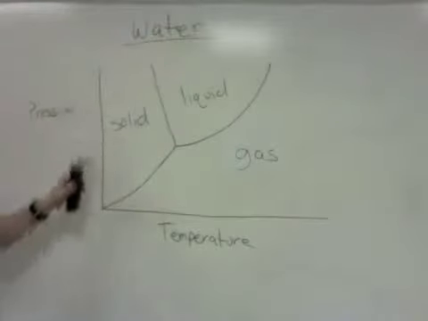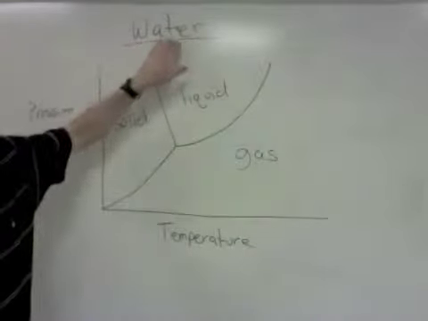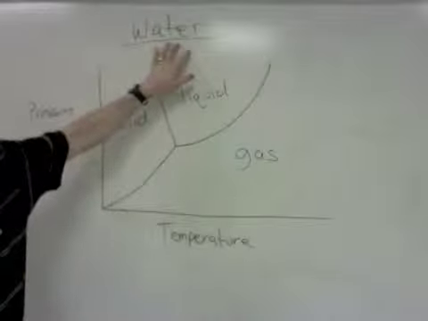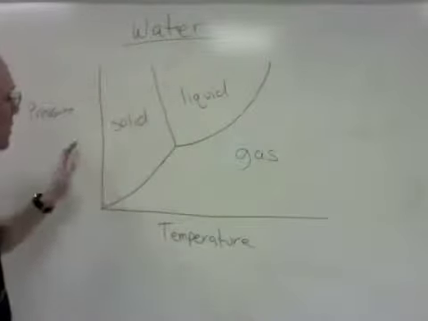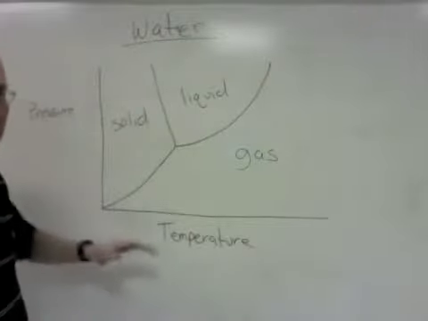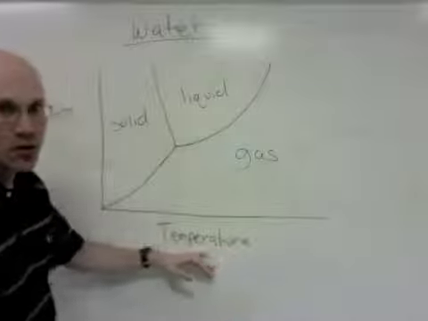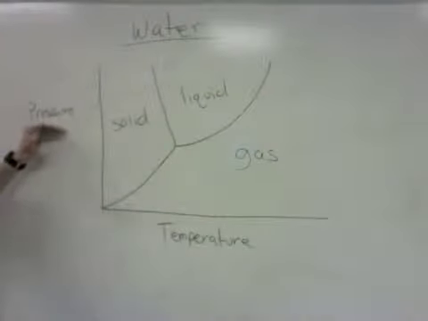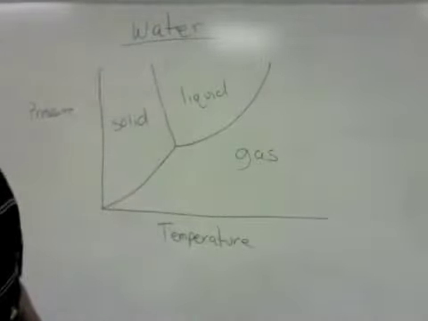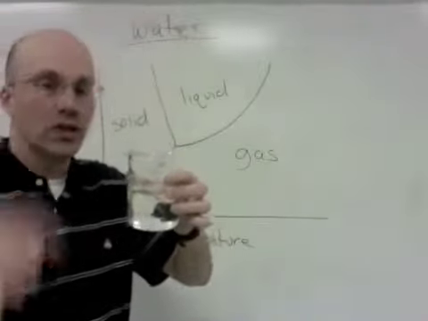Okay, so what I've shown here is what's called a phase diagram. Specifically, this is a phase diagram for water. In a phase diagram, it's always a graph that's got an x and a y axis. On the x-axis is temperature, on the y-axis is pressure. What they're talking about there is the pressure on top of the liquid.